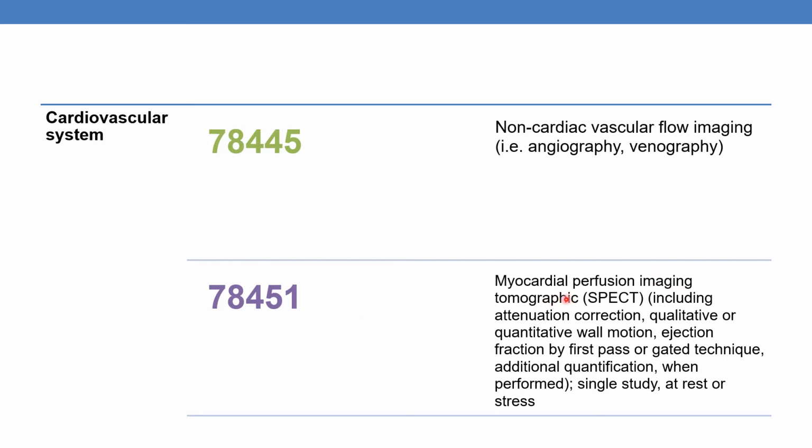This is myocardial perfusion imaging, tomographic. Myocardial perfusion scan, which is a SPECT scan, includes attenuation correction, qualitative or quantitative wall motion, ejection fraction by first pass or gated technique, additional quantification whenever performed, single study at rest or stress.